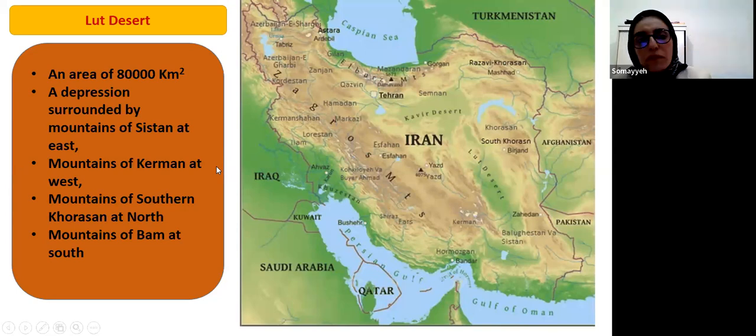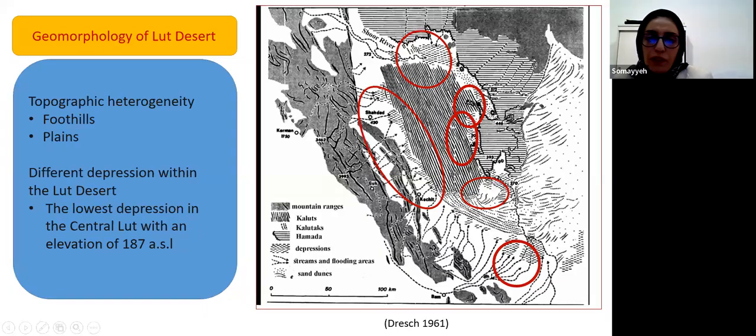The geomorphology of Lut Desert shows that it is not an even land. It is a very uneven, big area with two different topographic heterogeneity. As I mentioned, Lut Desert is surrounded with different groups of mountains.